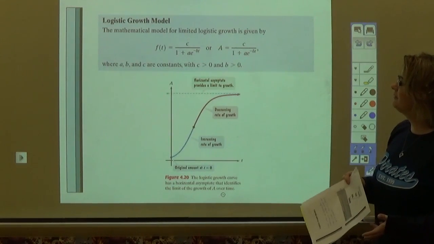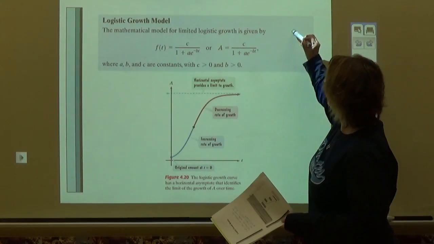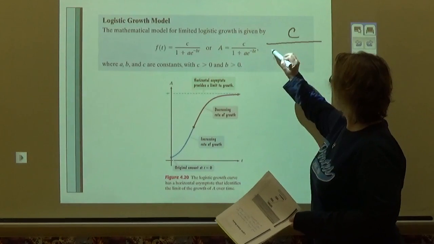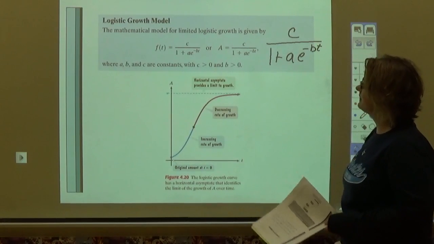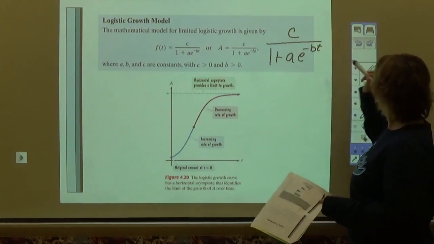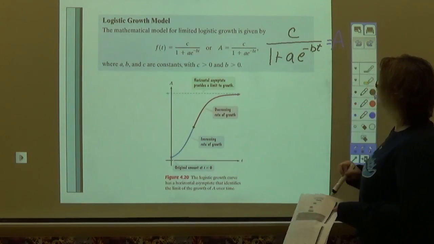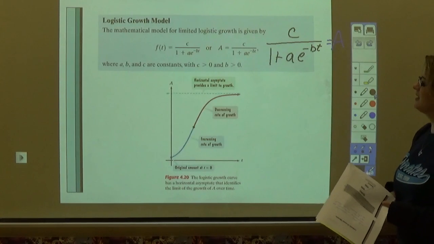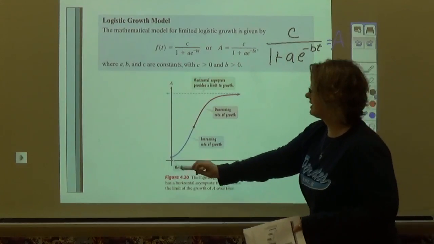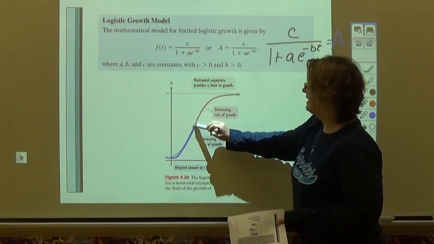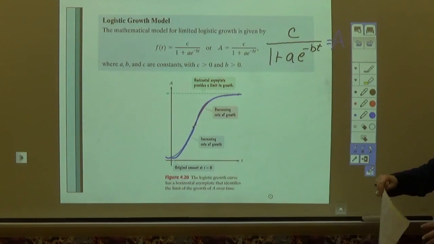The mathematical model for limited logistic growth is given by f of t equals c over 1 plus a e to the negative b t, where a, b, and c are constants, and c is greater than 0, and b is greater than 0. And then your curve looks like this. So it's increasing some, and then eventually it has to slow down, because there's just a limit to the growth.